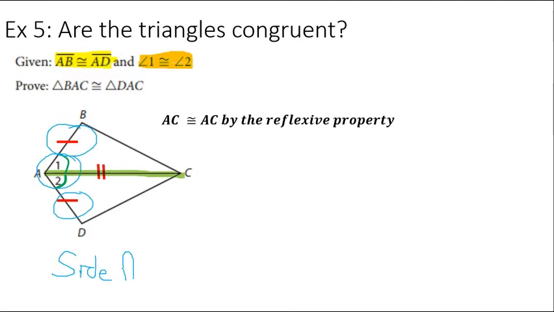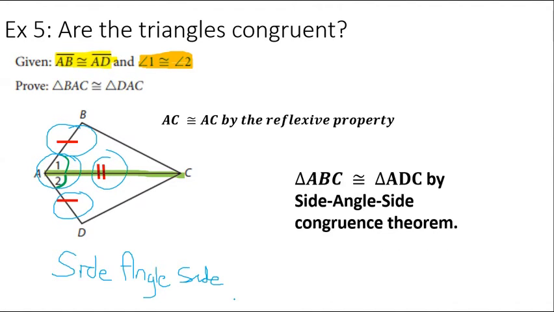So they give you your angle. And then they also give you another side over here. So we have side, angle, then our third side. So using that side angle side, we say that triangle ABC is congruent to triangle ADC by the side angle side congruence theorem.